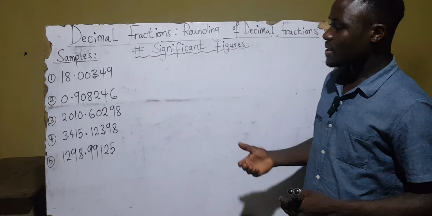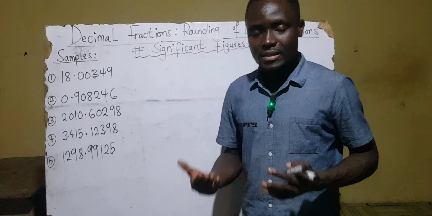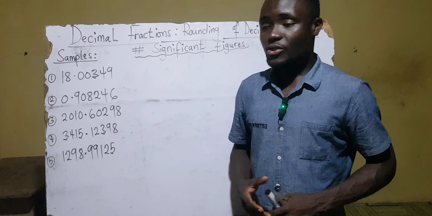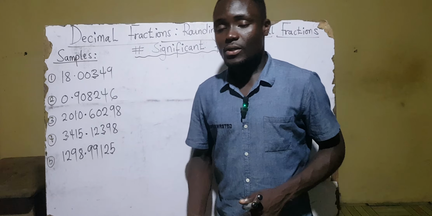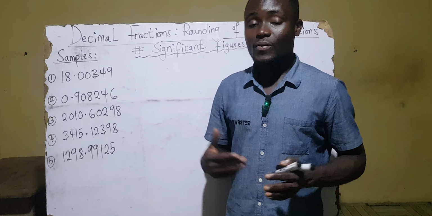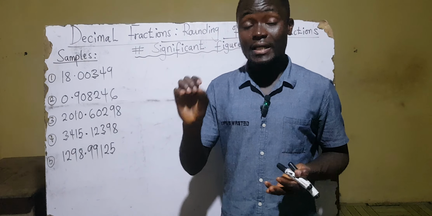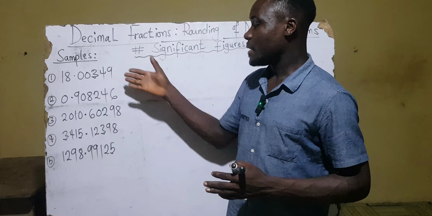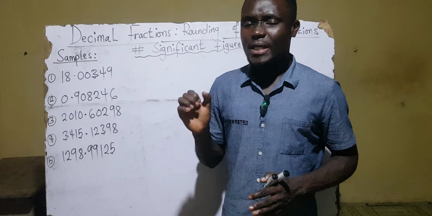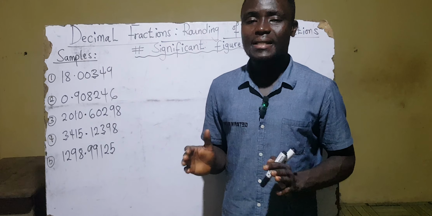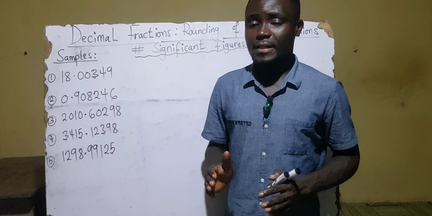All right, so in the first place, as I discussed in my previous videos, a decimal fraction is a number with a decimal point in it, and this number has digits in it. Now each digit attains its significant place. Very good.